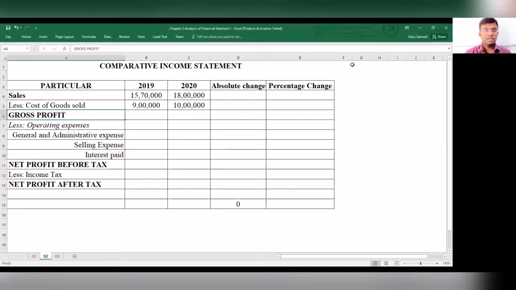So dear students, here as first we are about to prepare the comparative income statement. As a part of preparing the comparative income statement, at first we have to prepare the format. So the format I have already prepared over here.